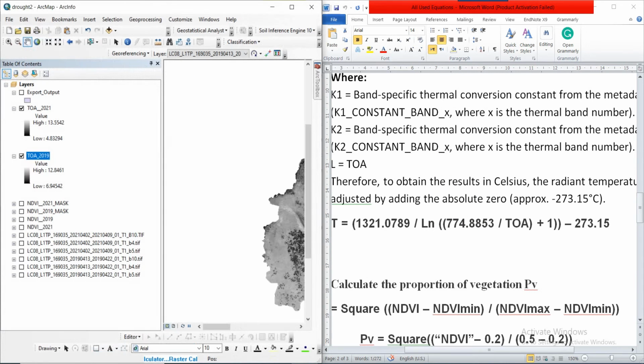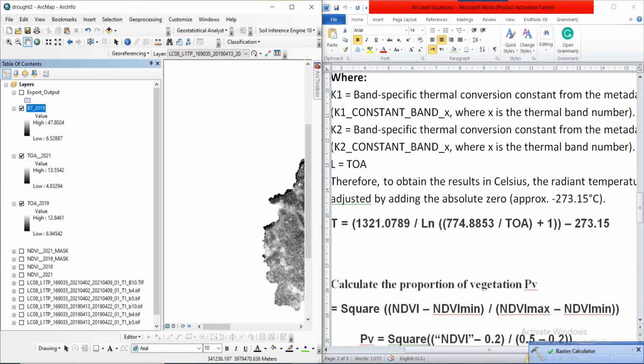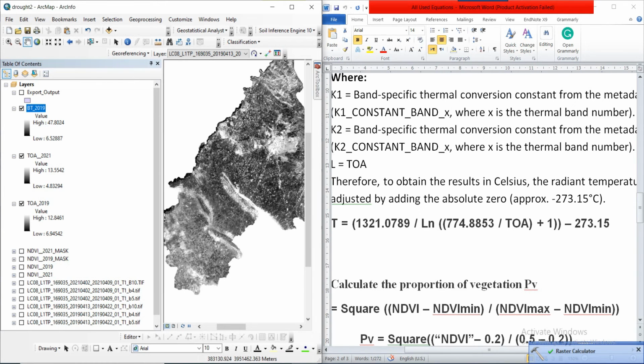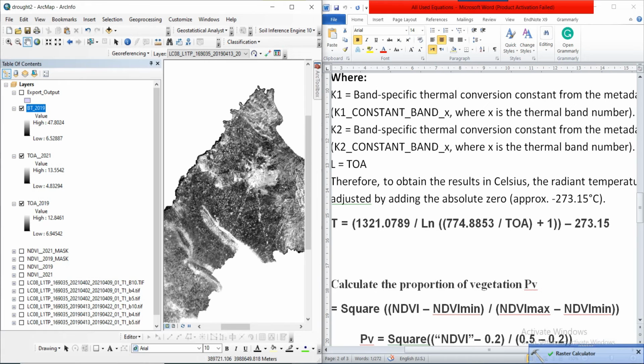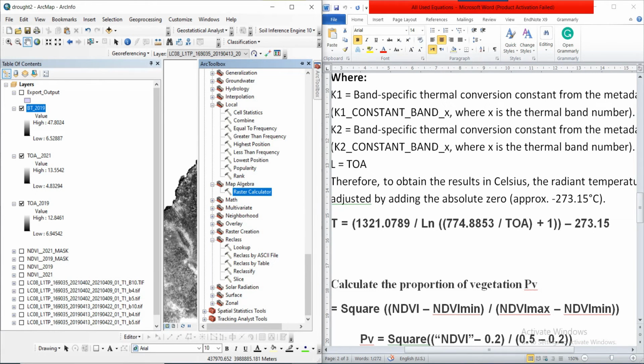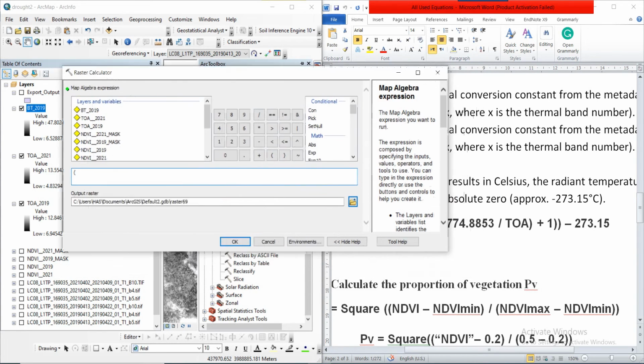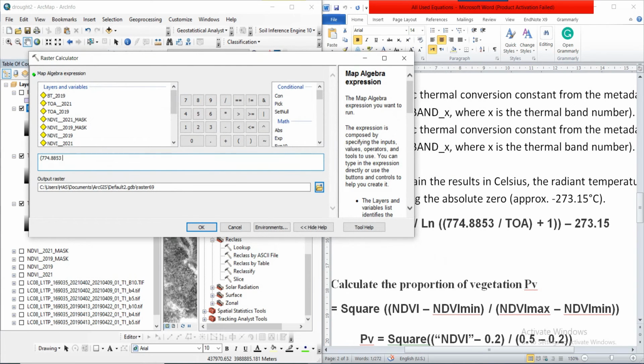It's the same way, for example, doing all the processes for calculating the LST and then clipping the image. It's the same. So we have the BT, brightness temperature for 2019, right here, and we're gonna calculate again for 2021.